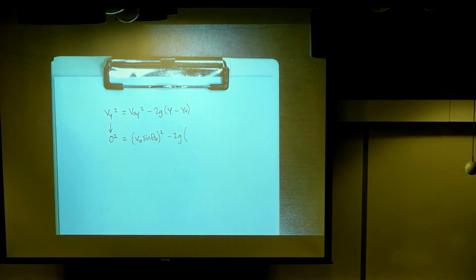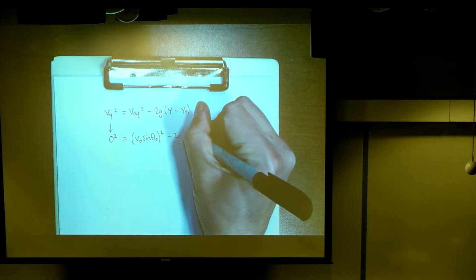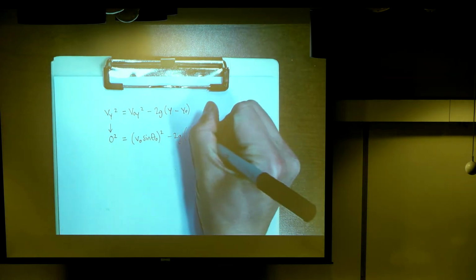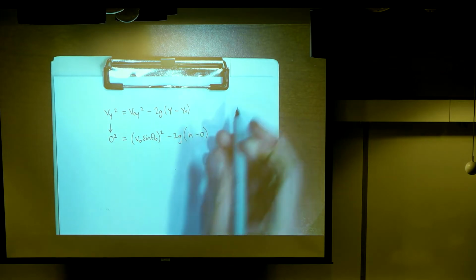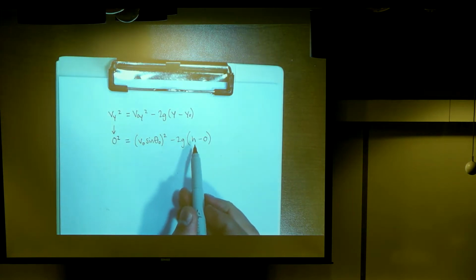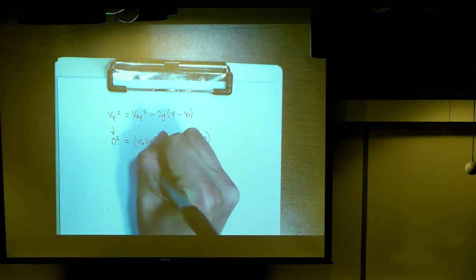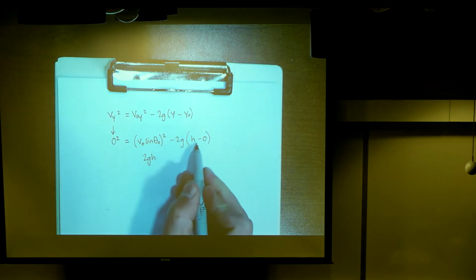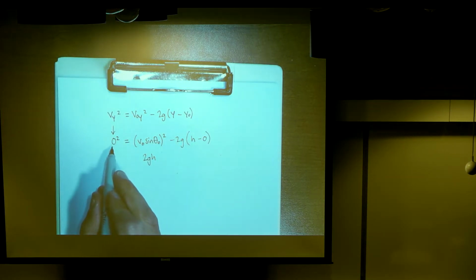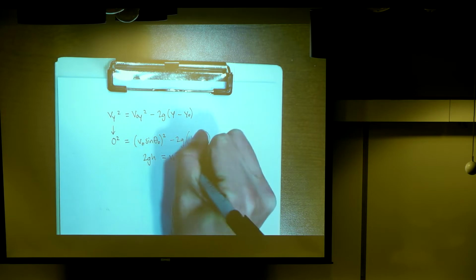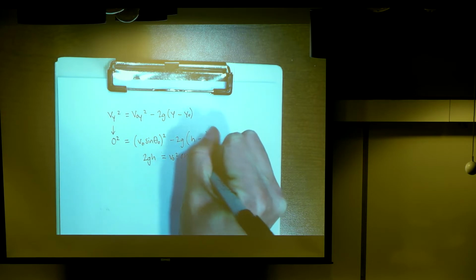Okay, y represents a final height, final position along the y direction. So we're going to call that h. And we're going to set our initial height to 0. This way, we can just solve for h, which is our maximum height that we reach. So to rearrange this, we have 2gh. I'm going to take this negative 2gh and add it to both sides, so now it's over here. That equals v naught squared times sine squared theta naught.